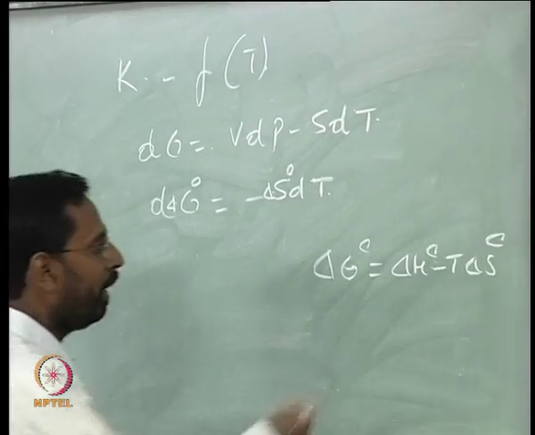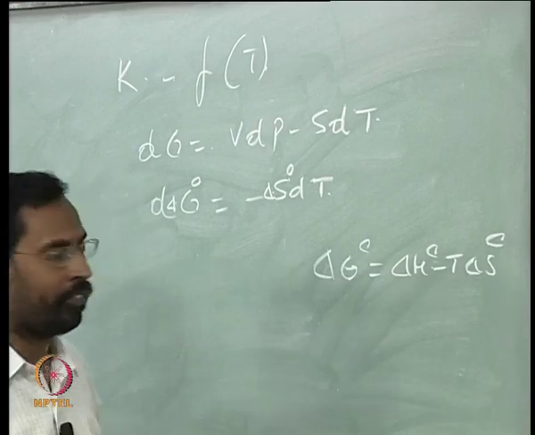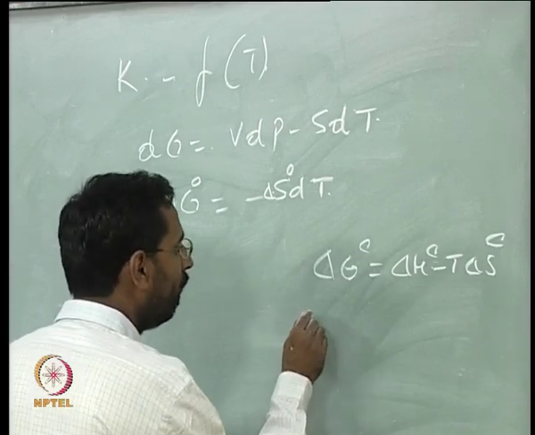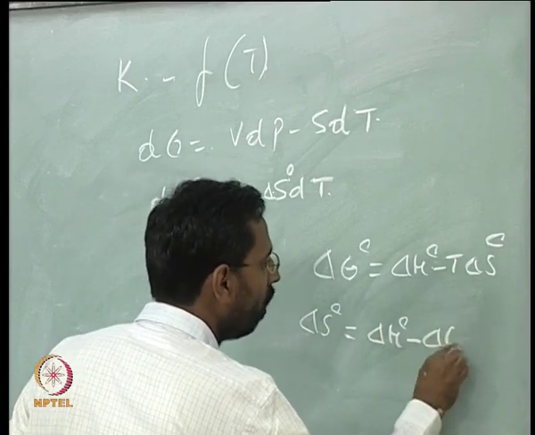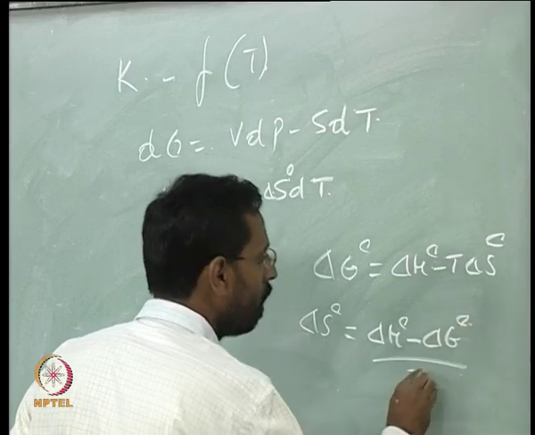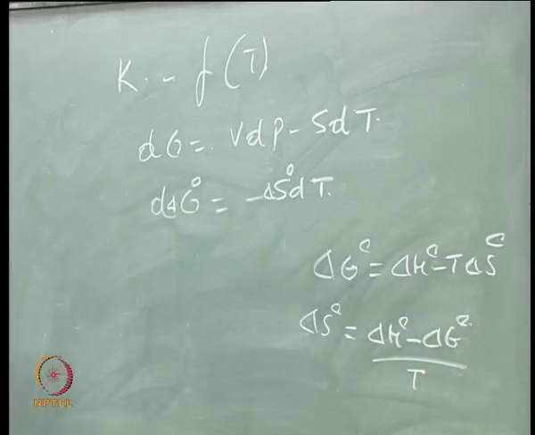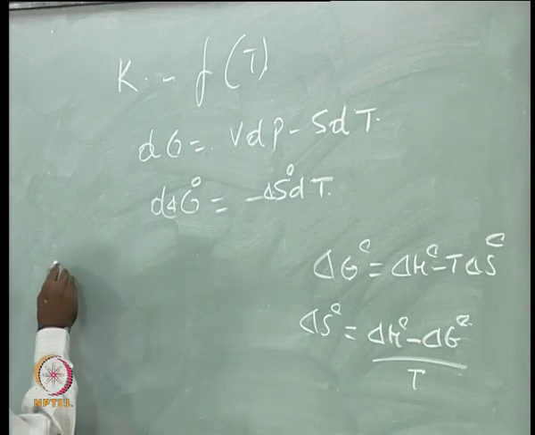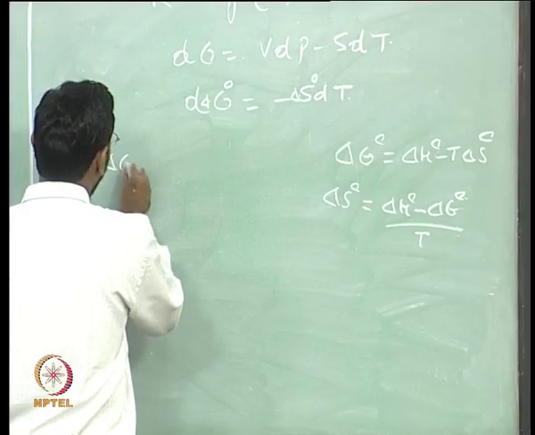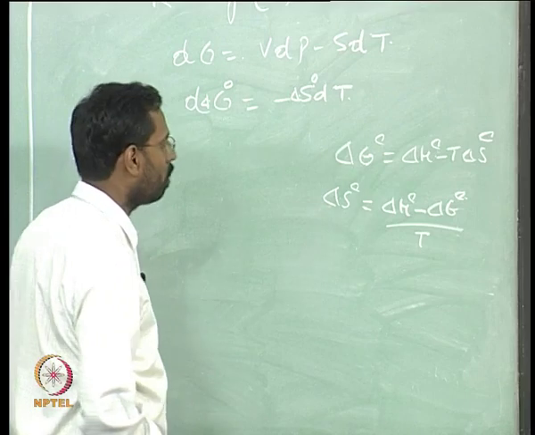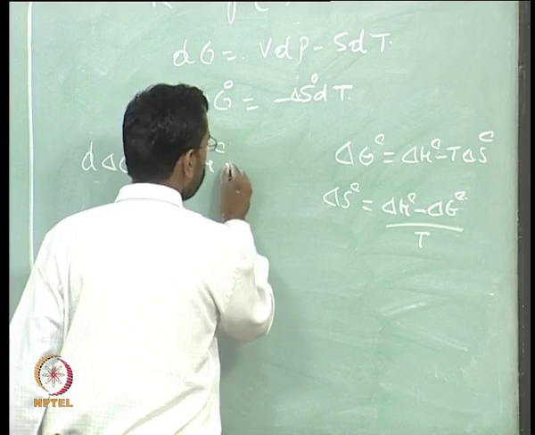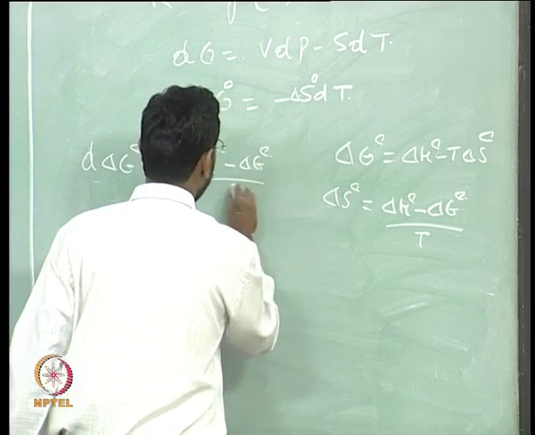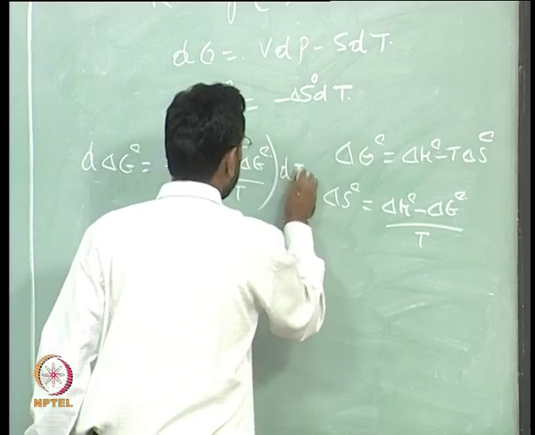If that is the case, then I can reframe this equation and then say that delta S naught is equal to delta H naught minus delta G naught divided by T. Simply rearrange the things and I put that into that equation, and then I can say that d of delta G naught is equal to minus of delta H naught minus delta G naught by T into dT.